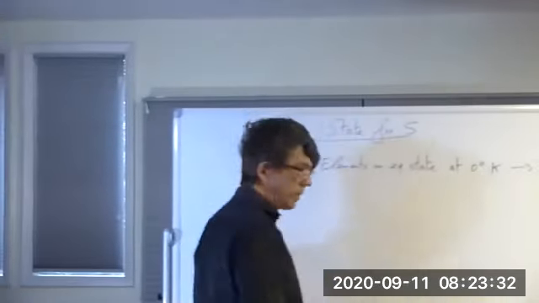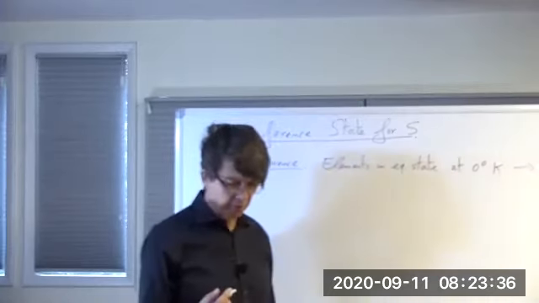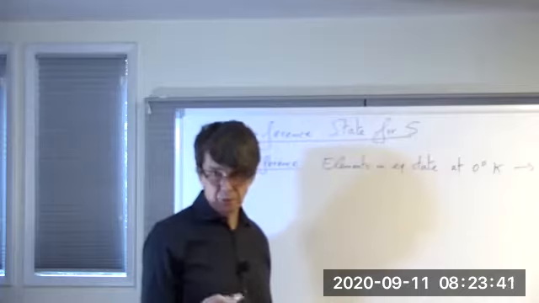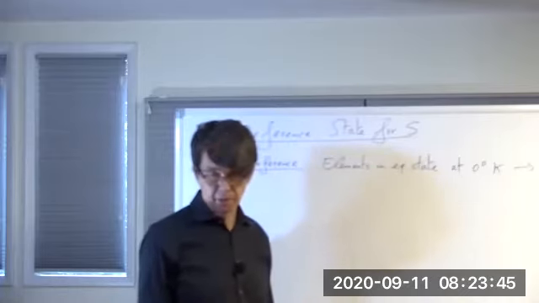Now, if you remember how we did compounds for the enthalpy, we said, well, for compounds we measure the heat of transformation, and that's going to give us the compound energy.